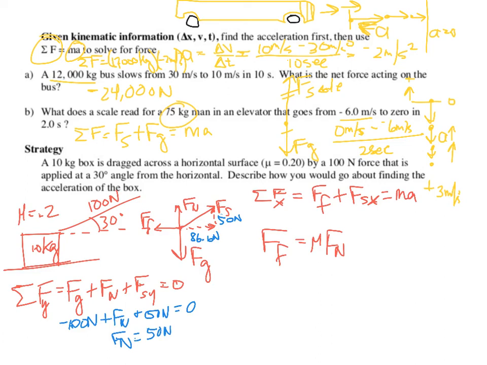Got that? Well, now what? We need that here: 50 newtons of normal force times 0.2 mu. That means the friction force is what?